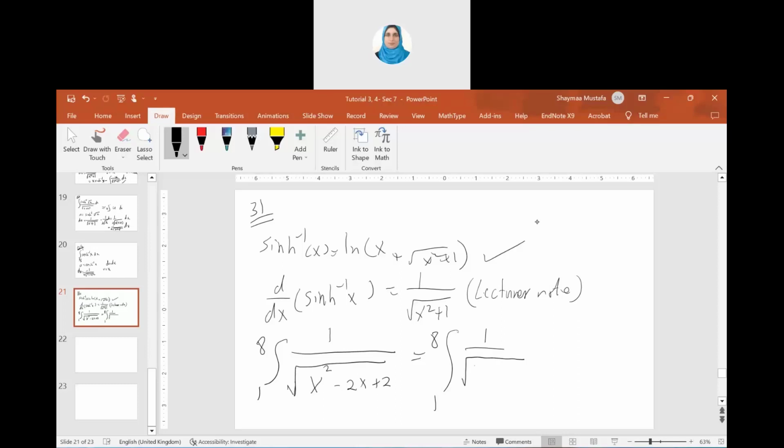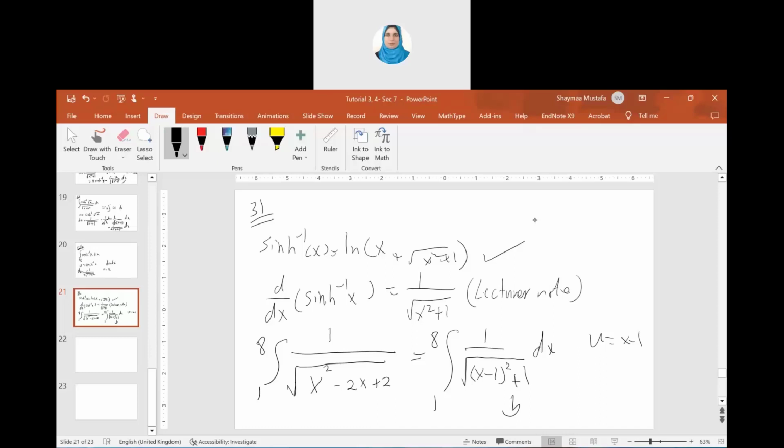So you need to add 1 plus 1. So it is x minus 1 squared plus 1, dx. Now take u equals x minus 1, and then you can continue.